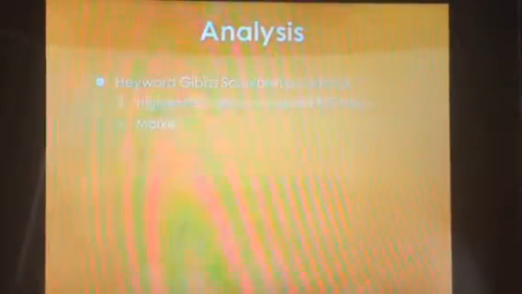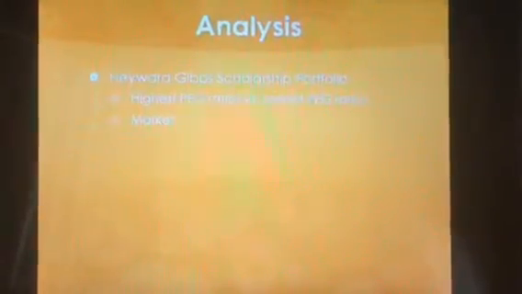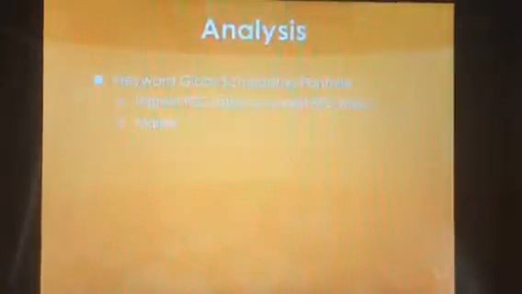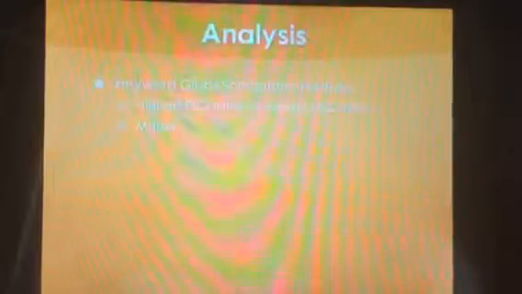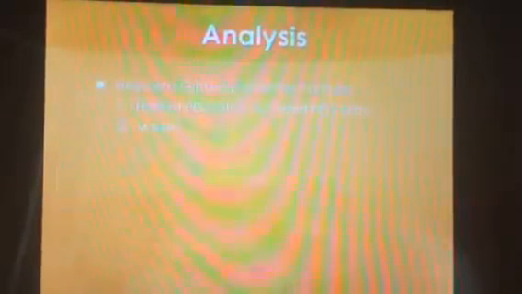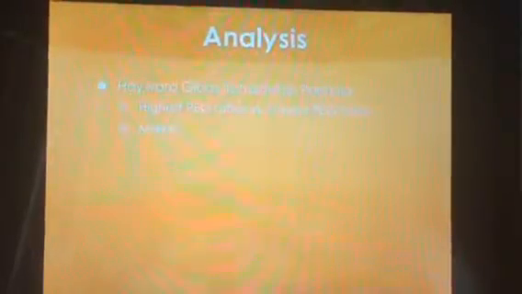So for my analysis, I basically took our Haywood Gibbs scholarship portfolio, the one we've been working on for our final. I decided to take that portfolio and go through it, pick the 5 highest PEGs and the 5 lowest PEGs, and pit them against each other and see what the return and the risk were for the past 5 years historically.